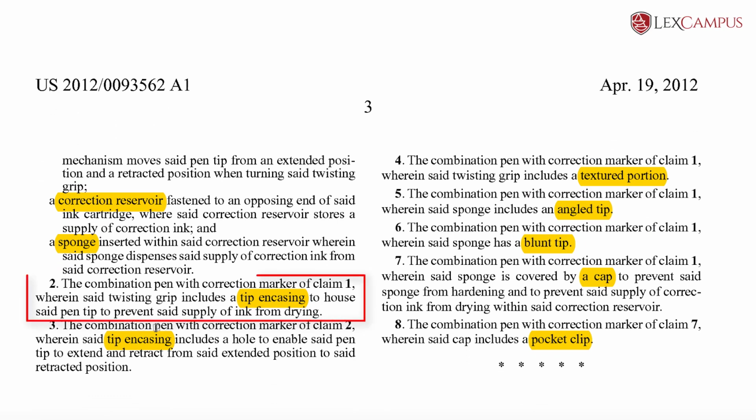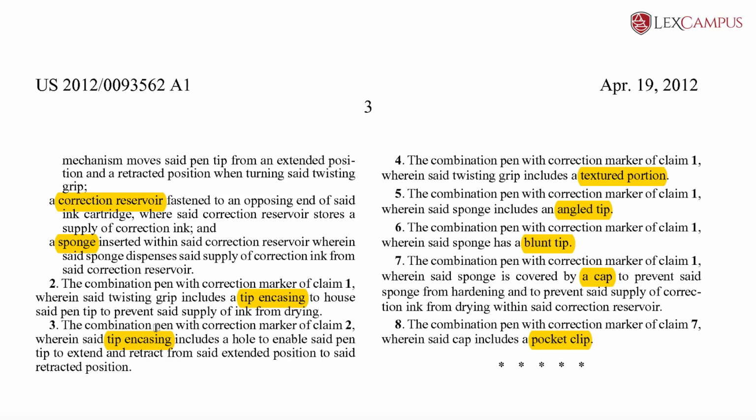A combination pen with correction marker of claim 1. It could also have been a combination pen of claim 1. That would have been perfect. But anyway, you have a short preamble, so no harm in reciting all the words of the preamble if it's a shorter one. Wherein said twisting grip includes a tip encasing to house said pen tip to prevent said supply of ink from drying. So there is a tip encasing which was already recited.